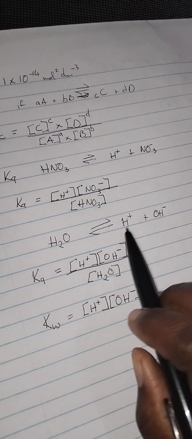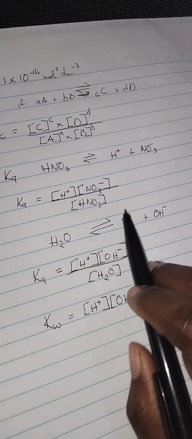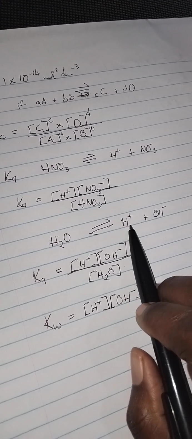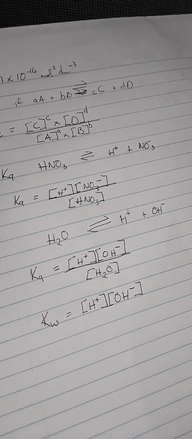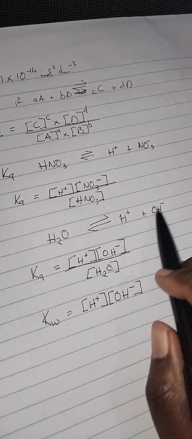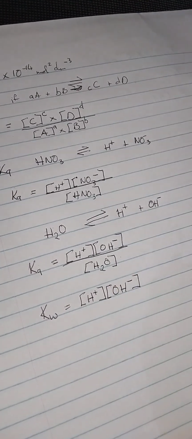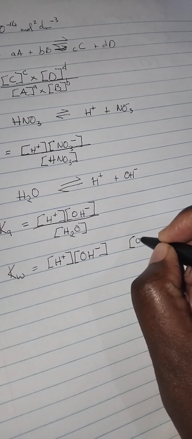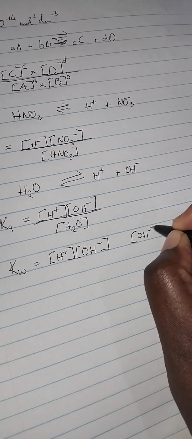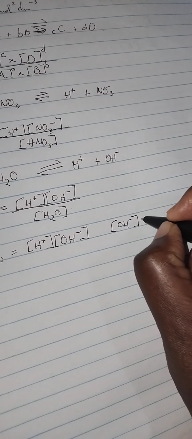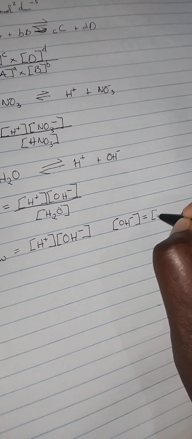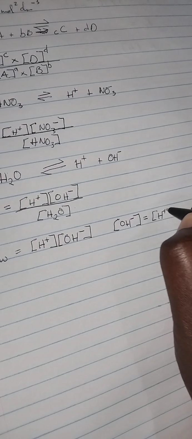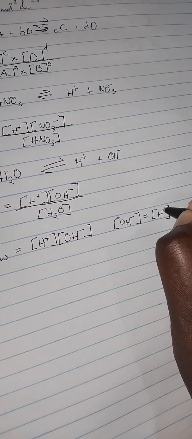Now we know that the number of moles of H plus and OH minus is the same. There's the same number of moles there and there. So essentially, the concentration of OH minus is equal to the concentration of H plus there, right?